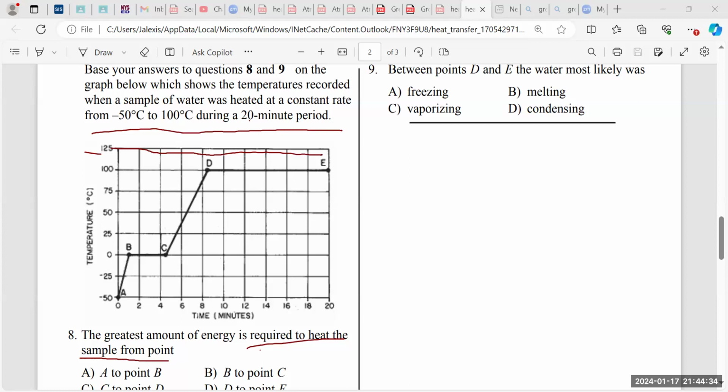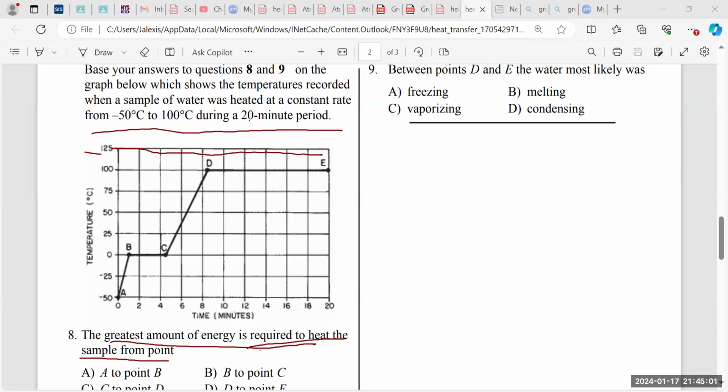All right. So the way that we can measure where the greatest amount of energy is required to heat a sample is based on the amount of time that it takes. So first we focus on time, and we also focus on the temperature that it's at. But the main thing is time.